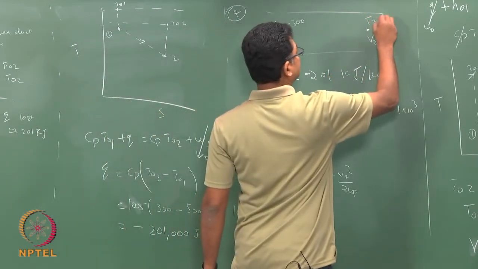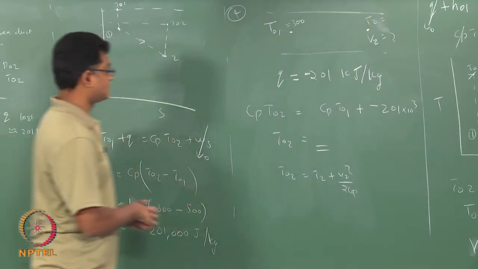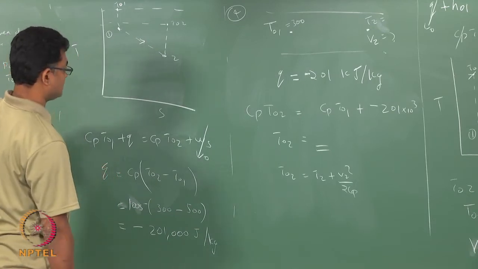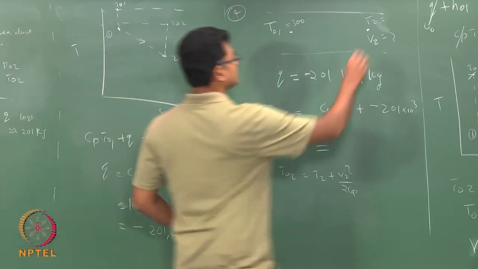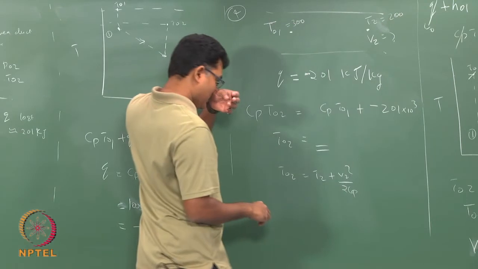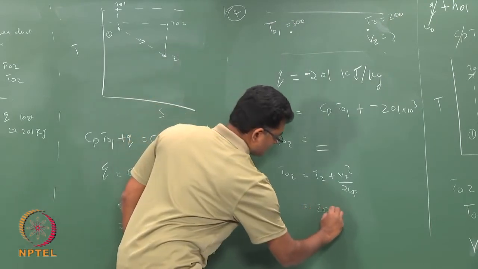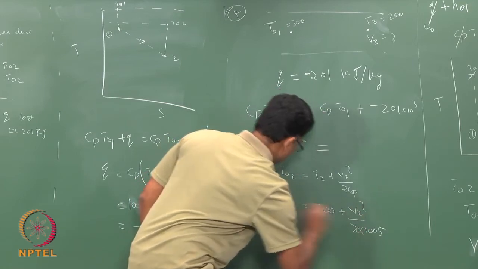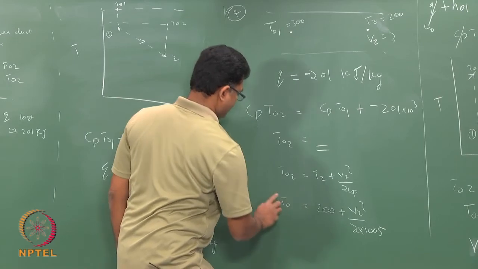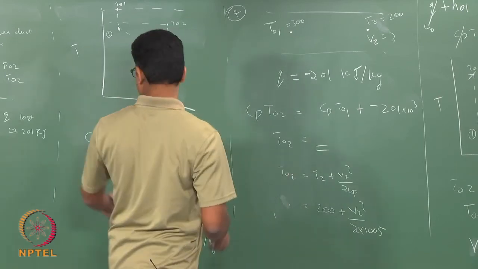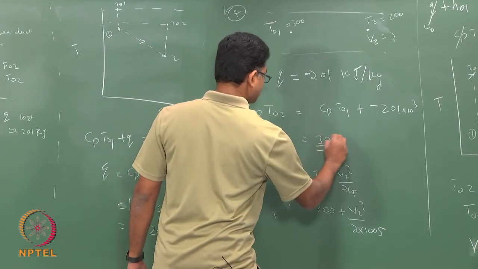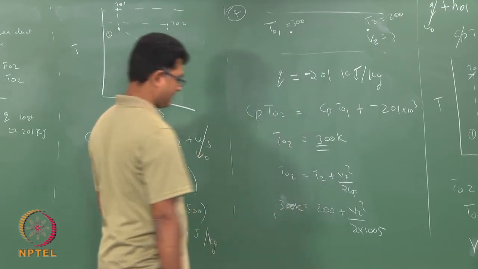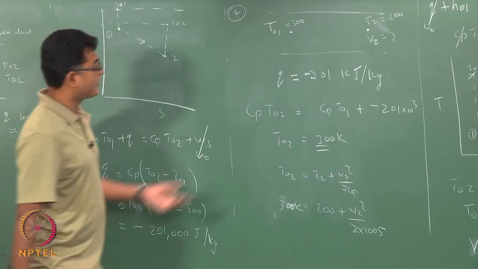So, let us assume T2 to be some value, say 200.